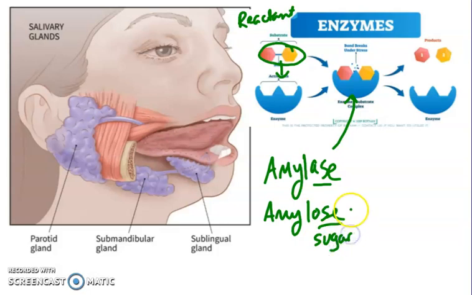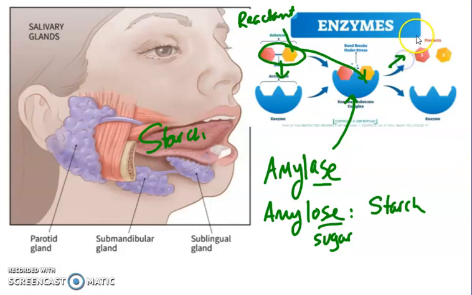Now, you're like, man, I've never heard of amylose before. I think you actually have. It's just no one ever calls it amylose. Amylose's common name is starch. So I am telling you, starch begins to be chemically digested in the mouth with salivary amylase. So what happens is amylose falls in here, it gets broken down and broken into smaller sugars when it leaves.